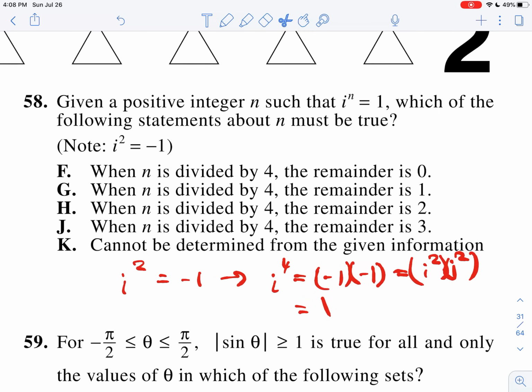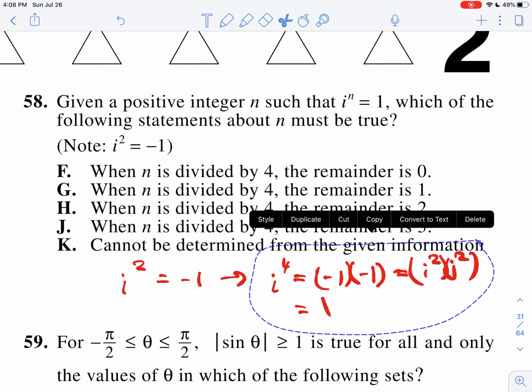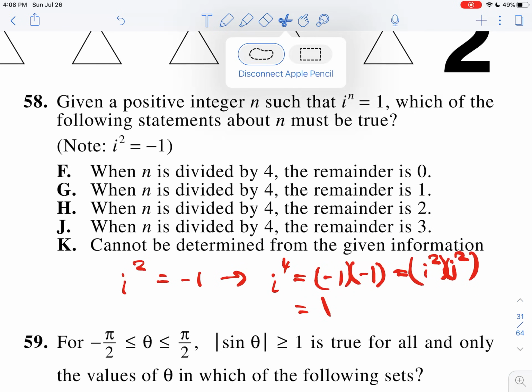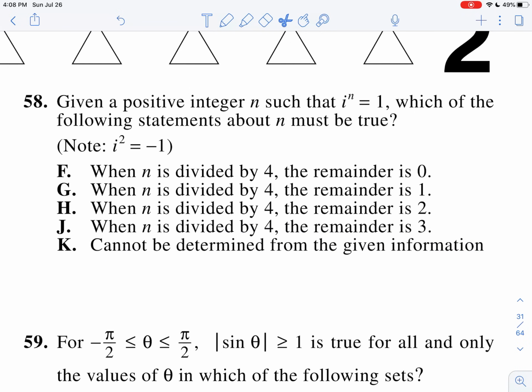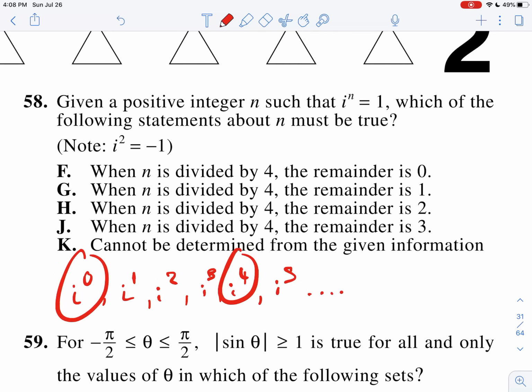You could keep increasing the n value. You could try doing i to the 0, and then i to the 1, i to the 2nd, i to the 3rd, i to the 4th, i to the 5th, and you'll find that for every 4th one, you get 1.